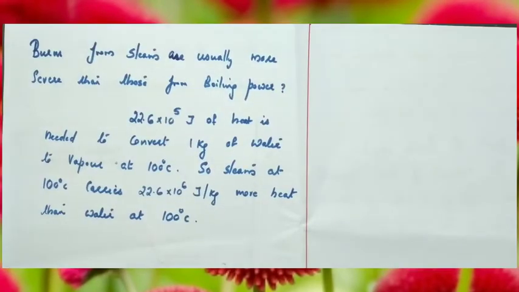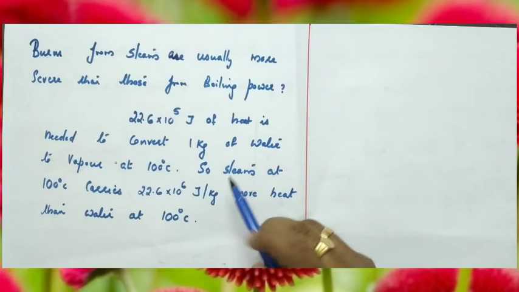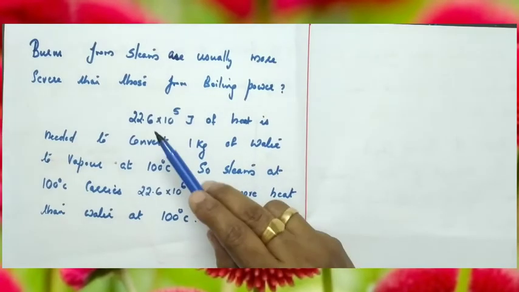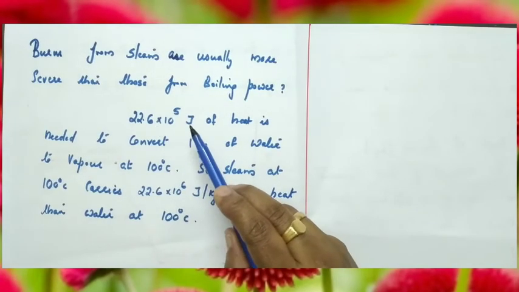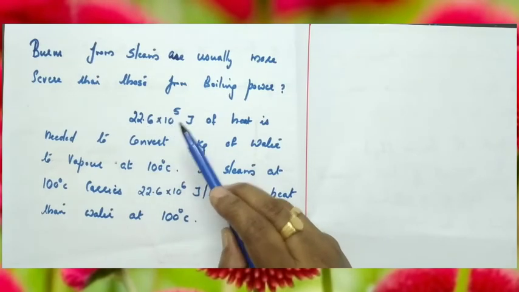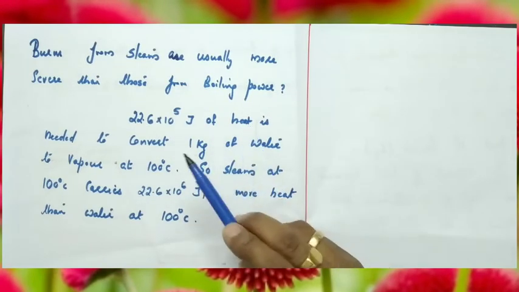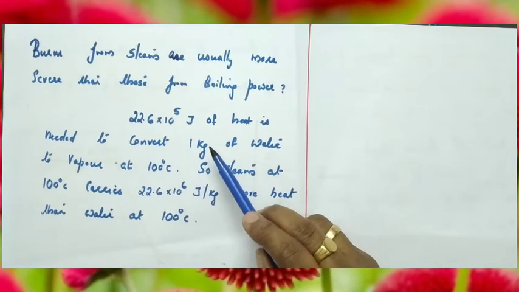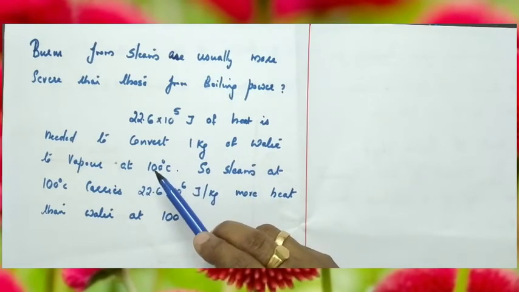Now we can discuss a question. Burns from steam are usually more severe than those from boiling water. Latent heat of vaporization of water is 22.6 into 10 raised to 5 joule per kilogram, that you know. So 22.6 into 10 raised to 5 joule of heat is required to convert 1 kilogram of water to vapor at 100 degrees Celsius.